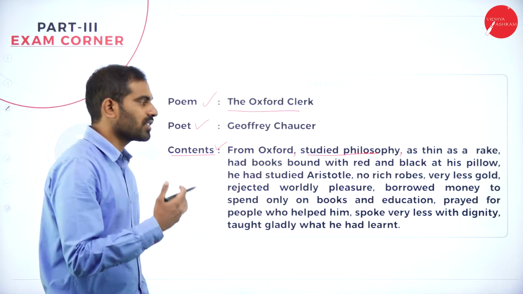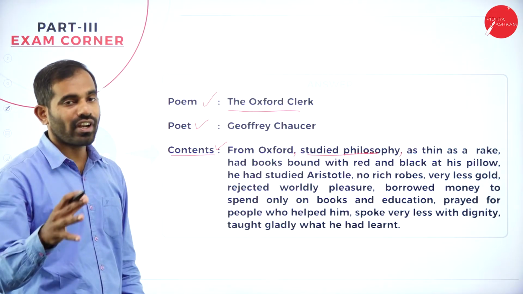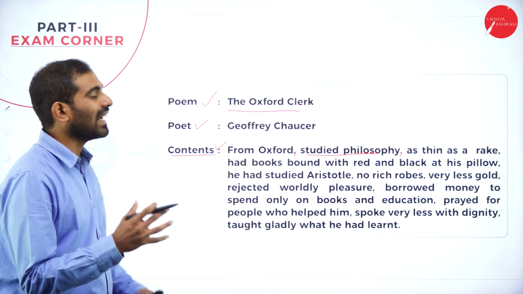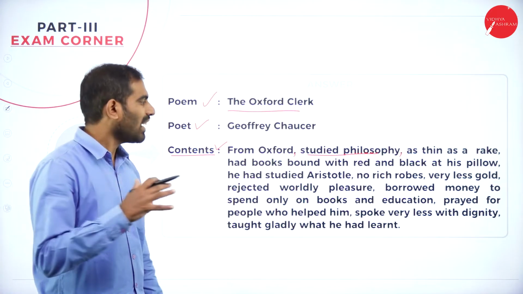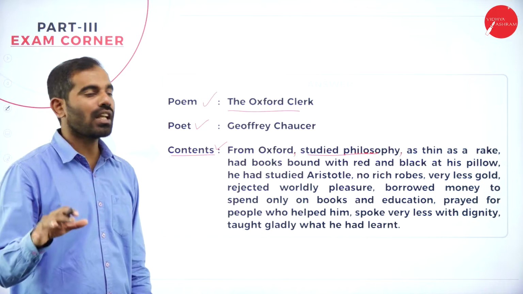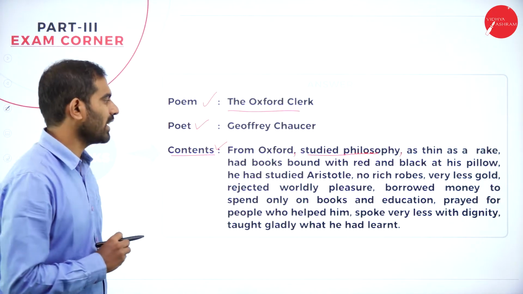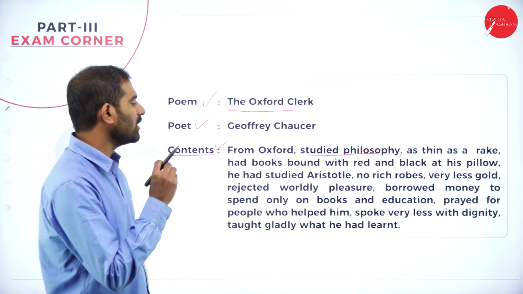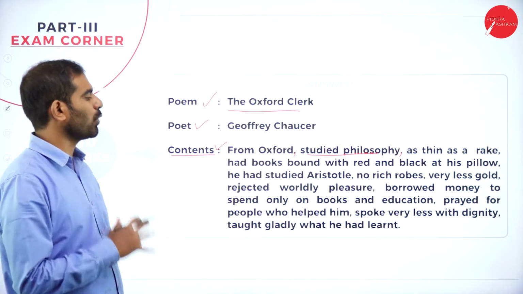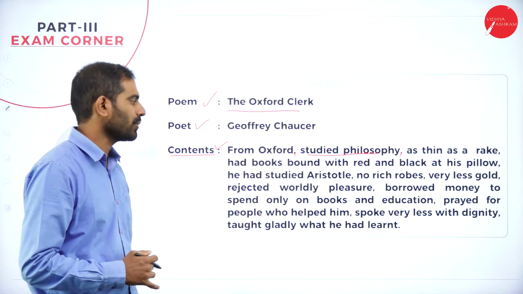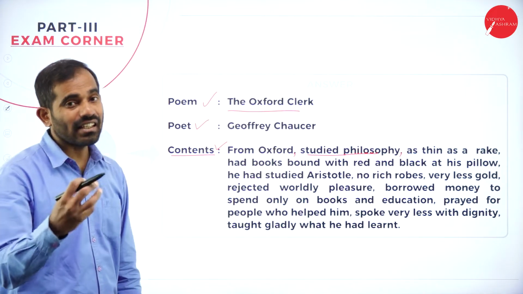He is from Oxford, studied philosophy, as thin as a rake. He had books bound with red and black color, and he had it near the pillow. He had studied Aristotle and no rich robes. He was very down to earth, very less gold. He carried very little gold in his trunk and rejected worldly pleasure, borrowed money to spend only on books and education, prayed for people who helped him, spoke very less.